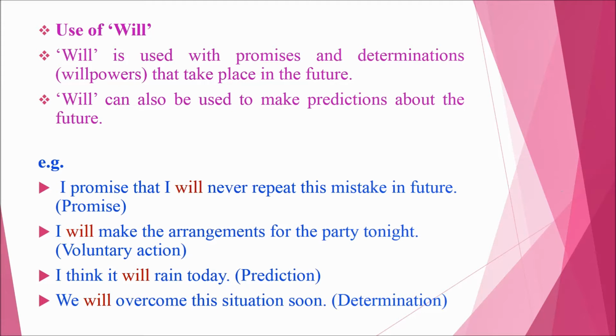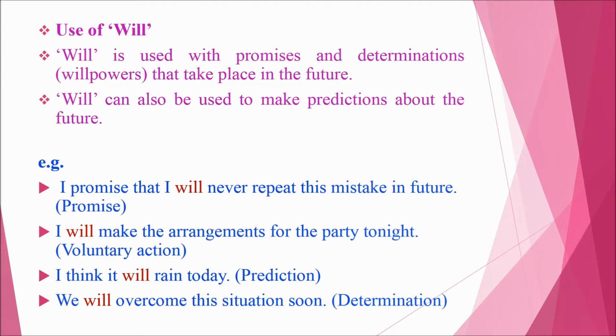Now let's see some example sentences. The first sentence is I promise that I will never repeat this mistake in future. This sentence denotes promise. The next example sentence is I will make the arrangements for the party tonight.